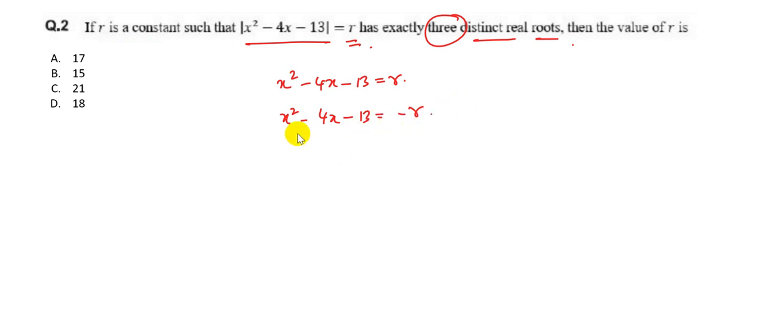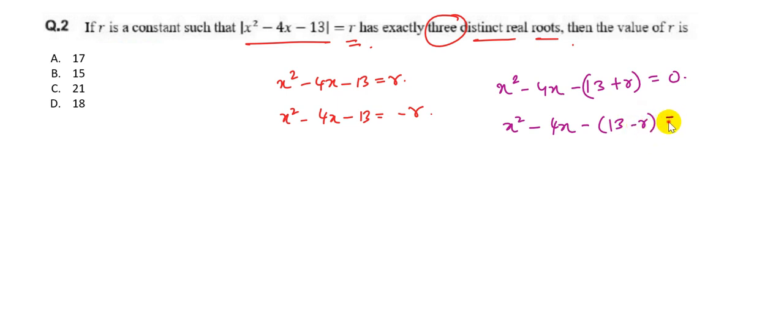So that means we can write this as x square minus 4x minus 13 plus R equal to 0, and x square minus 4x minus 13 minus R equal to 0.